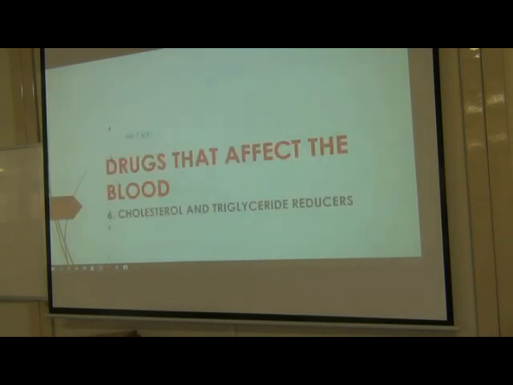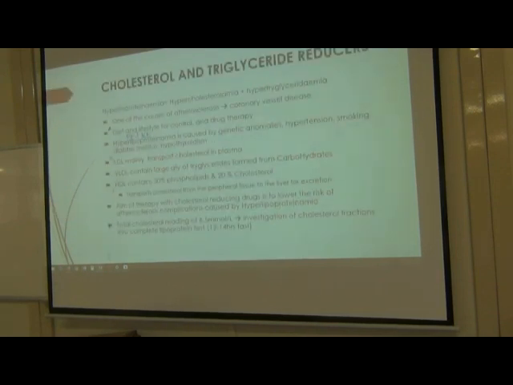The last group of drugs that we're going to look at today is drugs that affect the blood: cholesterol and triglyceride reducers. Hyperlipoproteinemia.